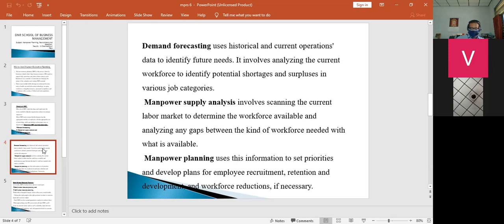And again, labor is classified into various types like skilled labor, unskilled labor, semi-skilled labor, and so on. So depending upon the work activities that the organization is performing, the labor recruitment will be taken.